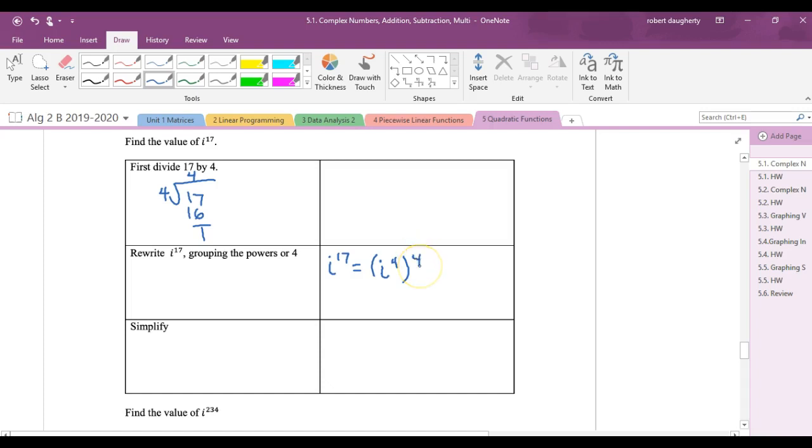That gives me 16 I's. How many more do I need? 1. That's my remainder right there, okay? So what is I to the 4th? 1. What's 1 to the 4th? 1. What's 1 times I? Yeah, that number is I, okay? So if you can organize in powers of 4, then it makes it a lot simpler to evaluate this. Okay.